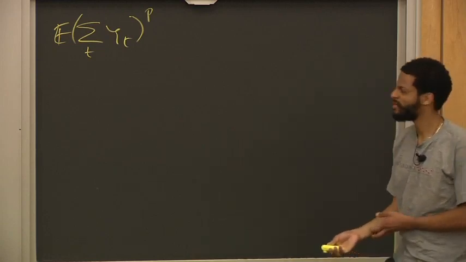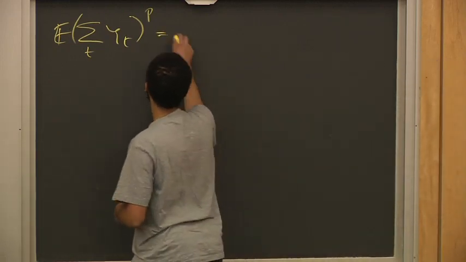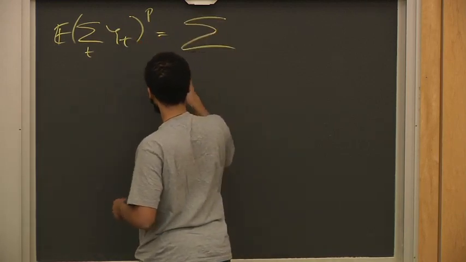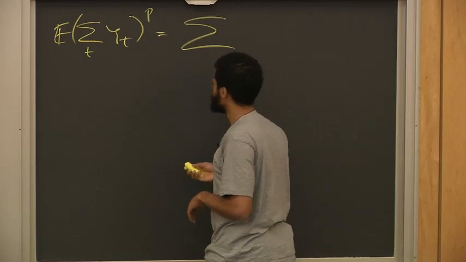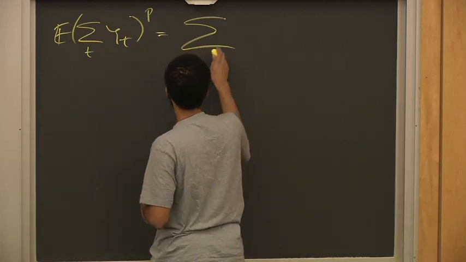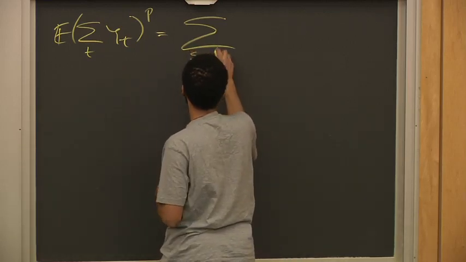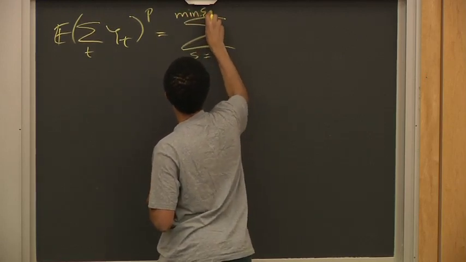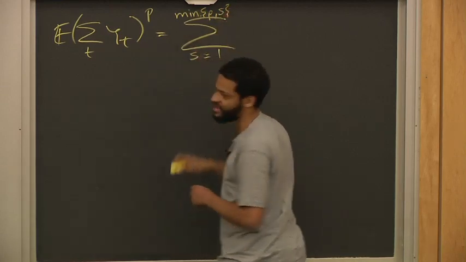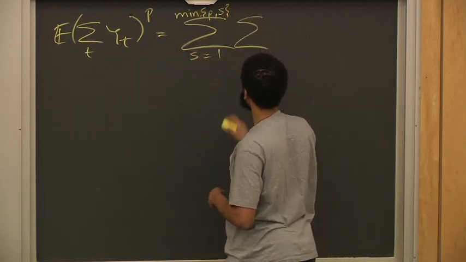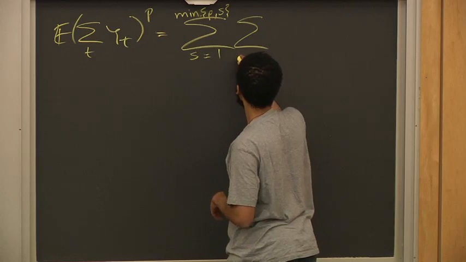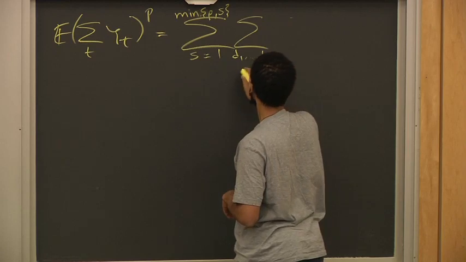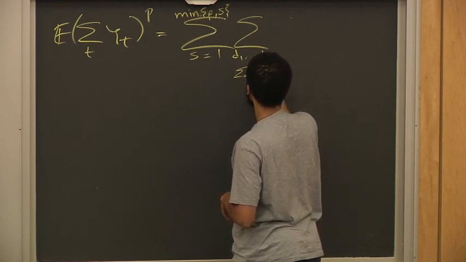This is going to look like some sum over a subset of the indices. You're just going to have lots of monomials. So some sum over all, how many distinct indices did you pick? s goes from 1 to the min of p, and how many are there? s, I guess. The sum of all the powers that you raise them to, d_1 up to d_s, such that the sum of the d's is equal to p.